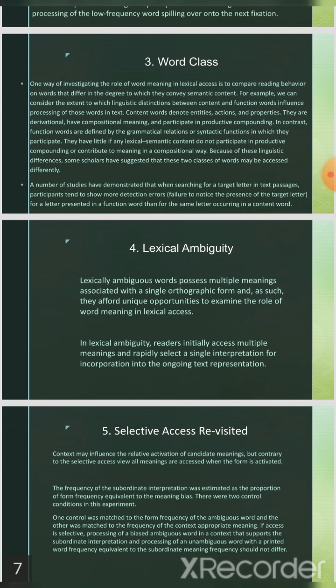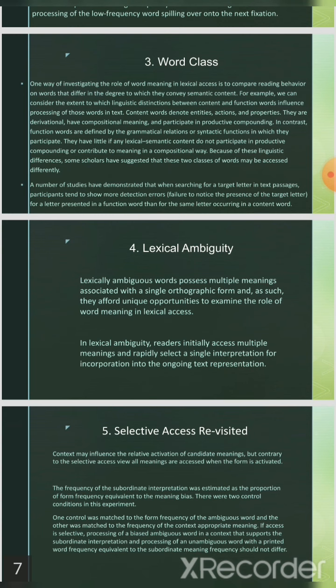They have little, if any, lexical semantic content, do not participate in productive compounding or contribute to meaning in a compositional way. Because of these linguistic differences, some scholars have suggested that these two classes of words may be processed differently.